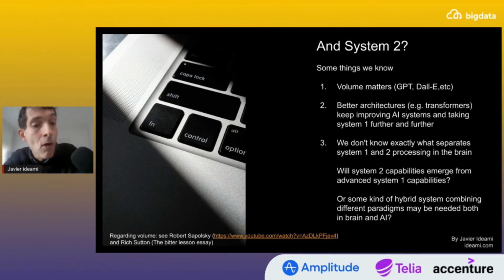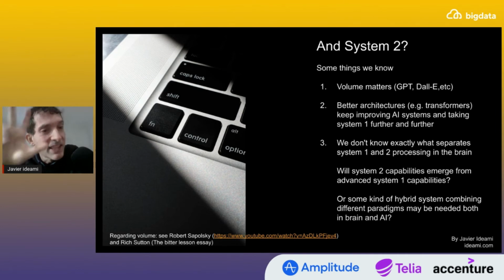Now, regarding volume, by the way, it's very interesting to look at this talk of the great scientist Robert Sapolsky, where he talks about the genetic differences regarding our nervous system between chimpanzees and humans. And basically, just to cut it short, what it says is that the only relevant difference regarding the nervous system is that we have 3 times more neurons.